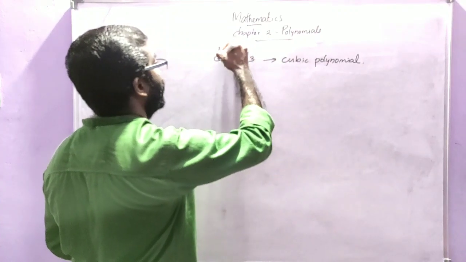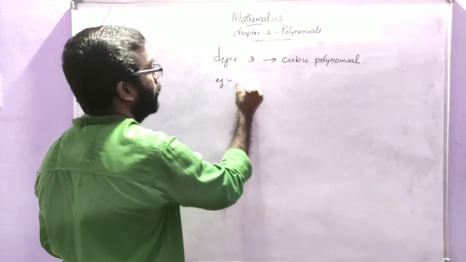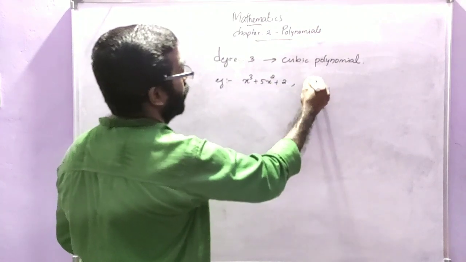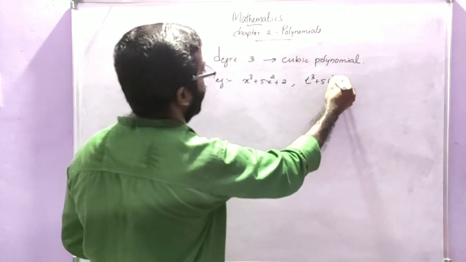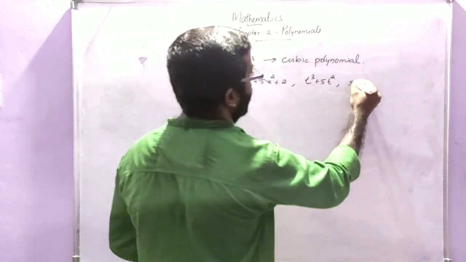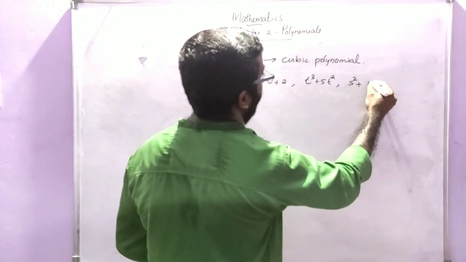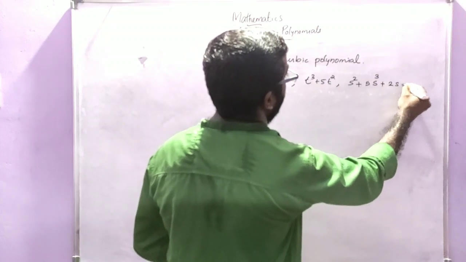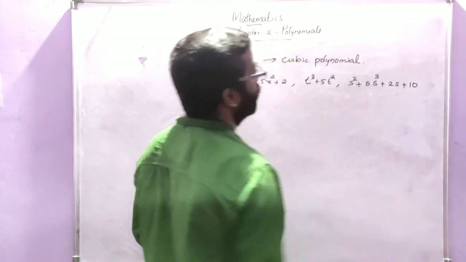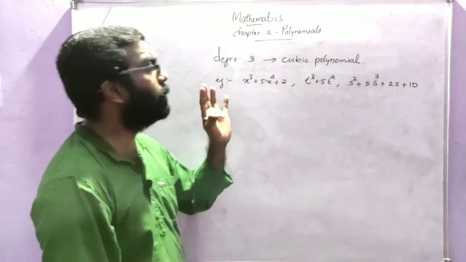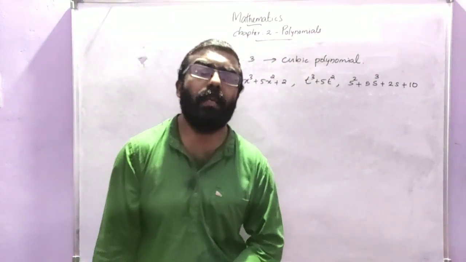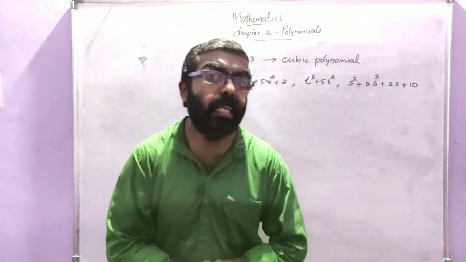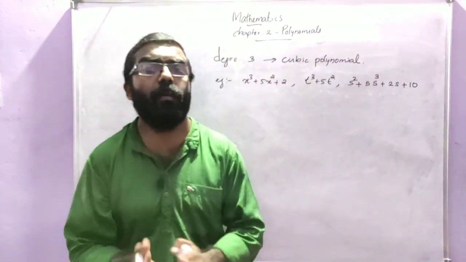And some more examples of cubic polynomials are x cube plus 5x square plus 2, t cube plus 5t square, s square plus 5 s cube plus 2s plus 10. Okay, these are some examples of cubic polynomials. So a polynomial with degree 3 is called a cubic polynomial.